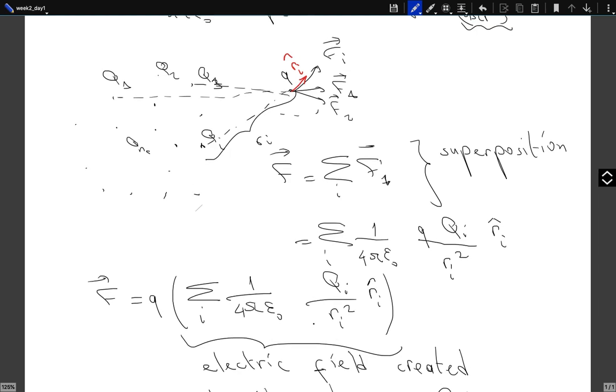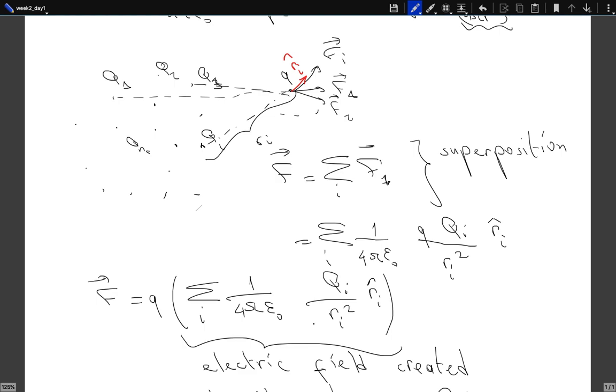So let's see what it depends on, the electric field created at a given point. One thing is clear, it depends on these charges, so that I have these charges that are creating the electric field. It also depends on at which point I'm evaluating the electric field. You see, here, instead of this point, if I choose some different point, the Qi will be the same, assuming they are fixed.